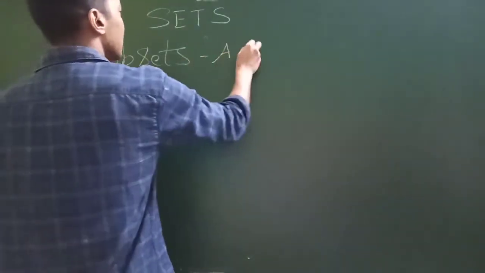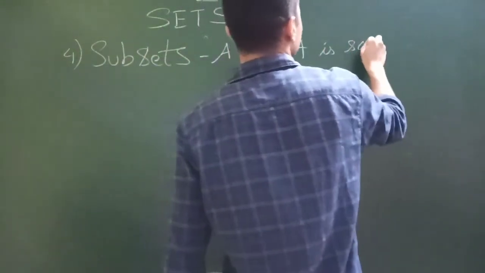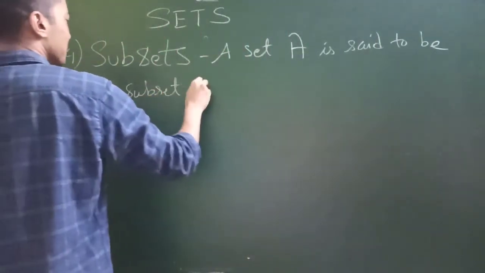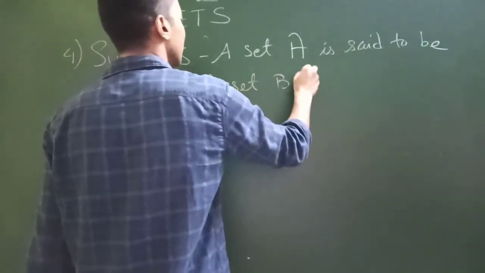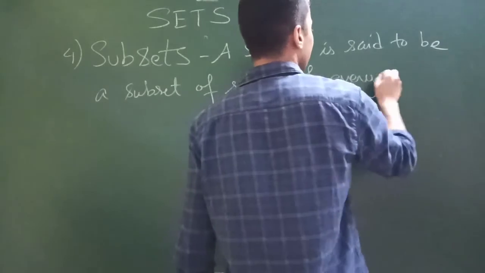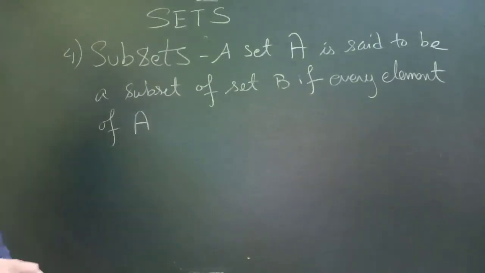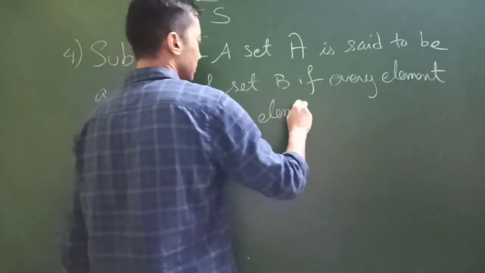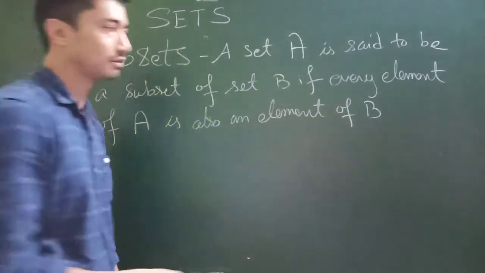Write down: a set A is said to be a subset of set B if every element of A is also an element of B.